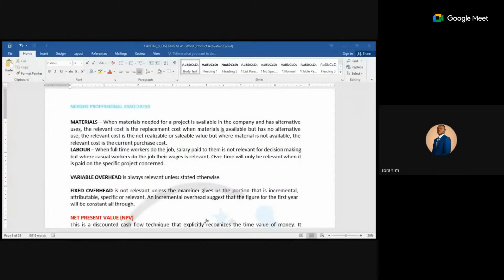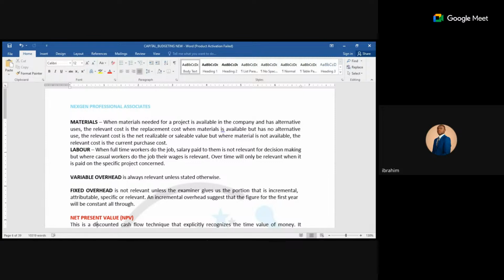Now, material. When material needed for a project is available in the company and has alternative uses, the relevant cost is the replacement cost.